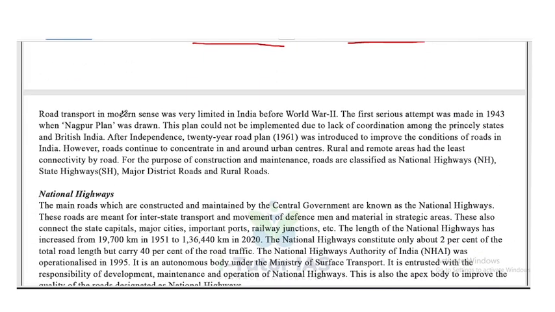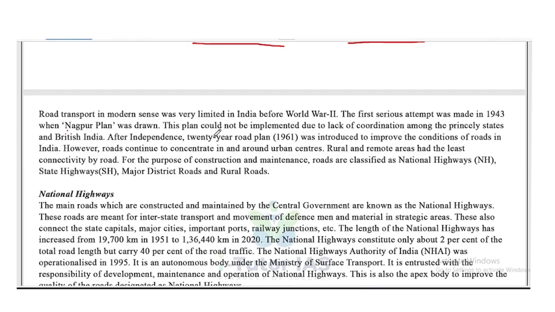Road transport in the modern sense was very limited in India before World War II. The first serious attempt was made in 1943 when the Nagpur Plan was drawn. This plan could not be implemented due to a lack of coordination among the princely states and British India.